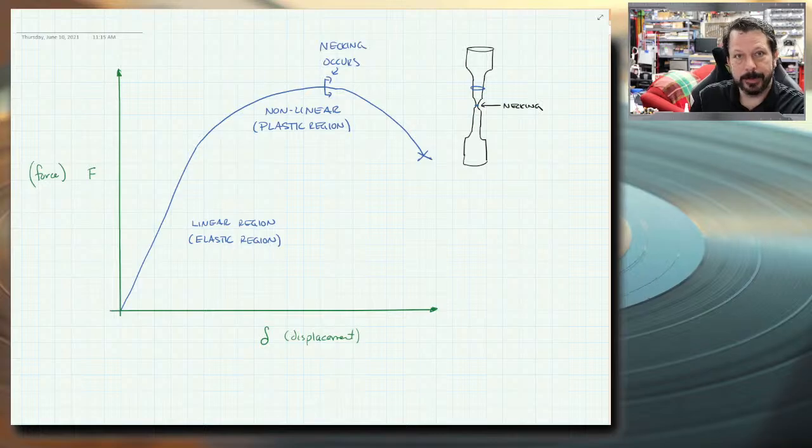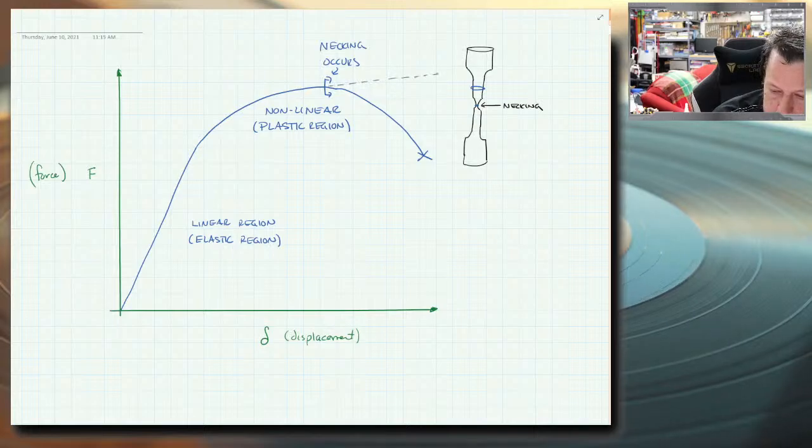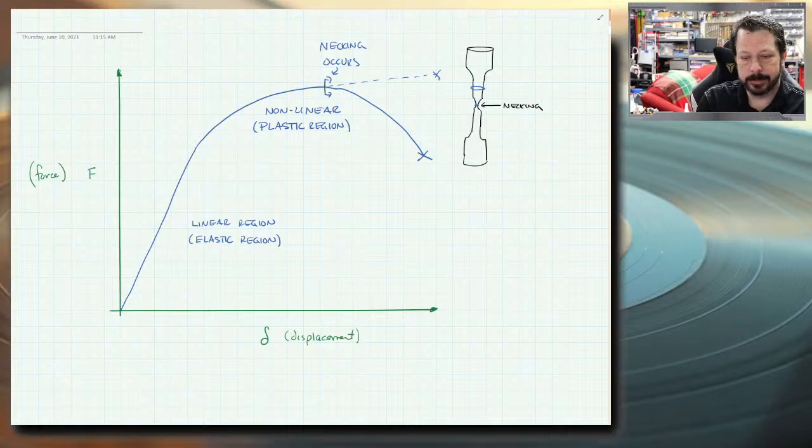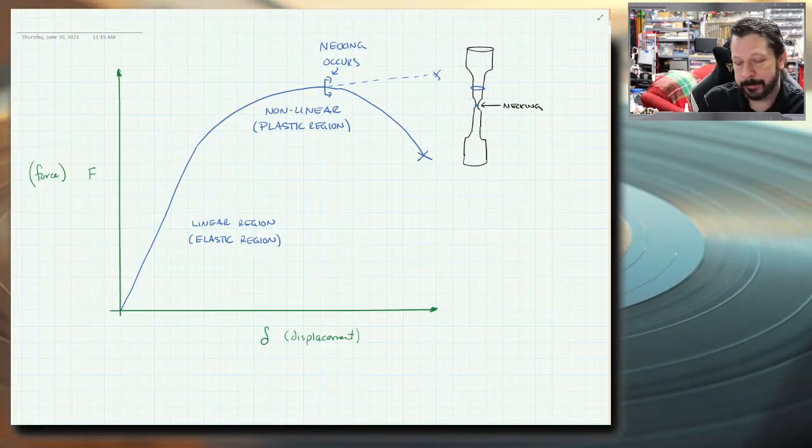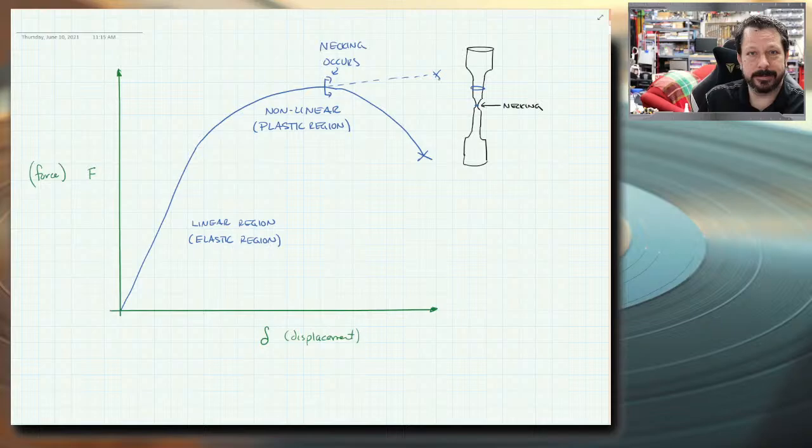And that stress value can be accounted for by the changing area. So you can put new values of area in your stress equation over and over, and that plot will look like this. It'll keep going up because it's taking into account the fact that you've got a smaller and smaller area, or it'll stay horizontal. It won't dip down anyway.